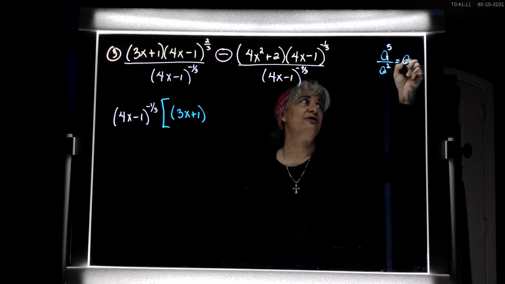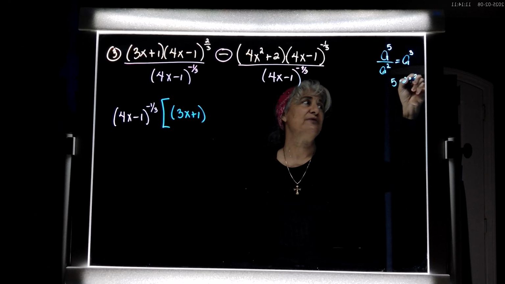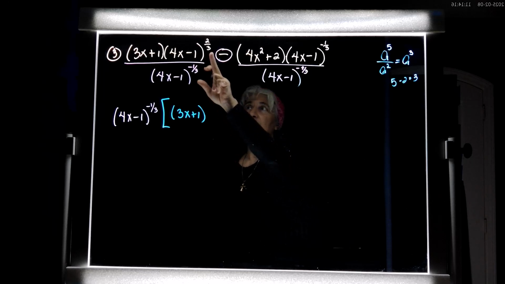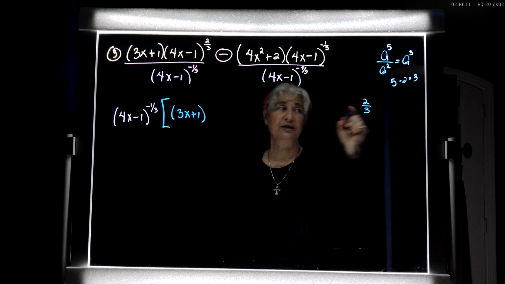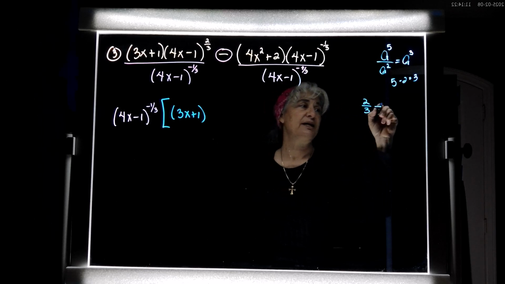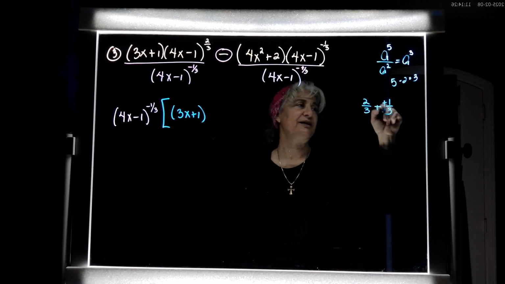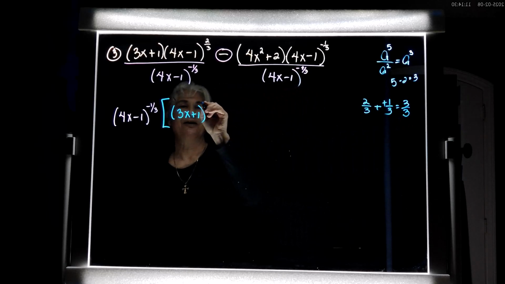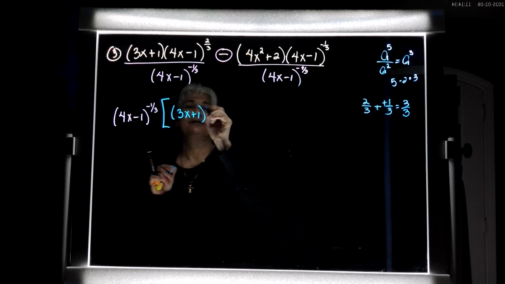Yeah, that's a to the 3rd, because technically you did 5 minus 2, which gave you the 3. Agreed? So, 2/3 divided by, which means subtraction, negative 1/3. Oh, look at that. It turns out to be 3 over 3, which is power of 1. Whoops. I put it on the wrong one.